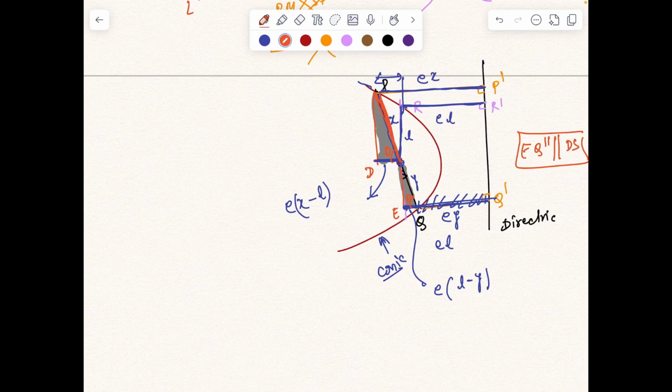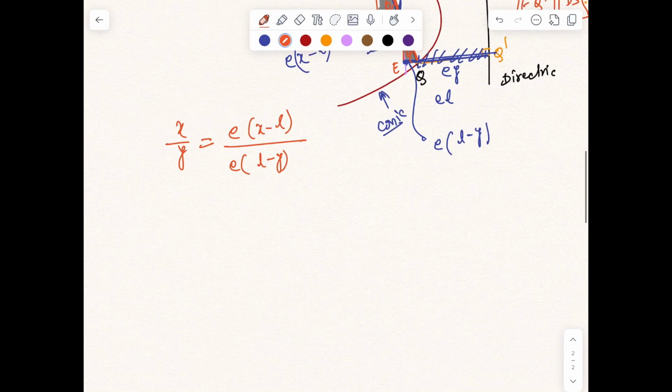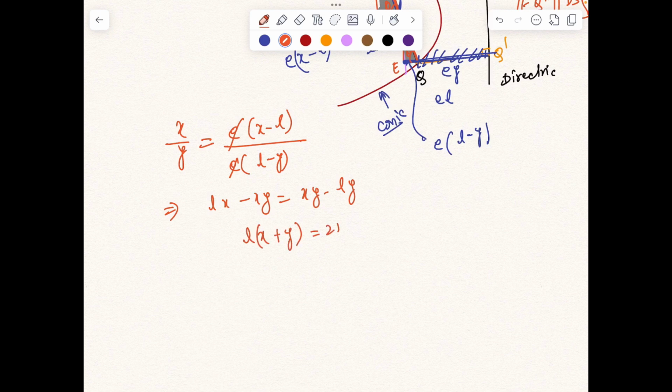x divided by y will be equal to DS, which is e times x minus L, divided by e times L minus y. e gets cancelled and I have Lx minus xy equals xy minus Ly, which gives L times x plus y equals 2xy, implies x plus y by xy.